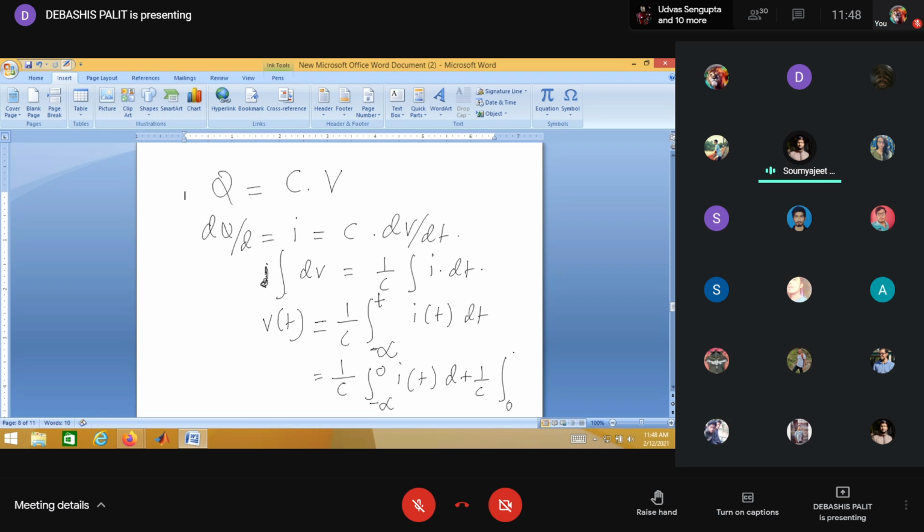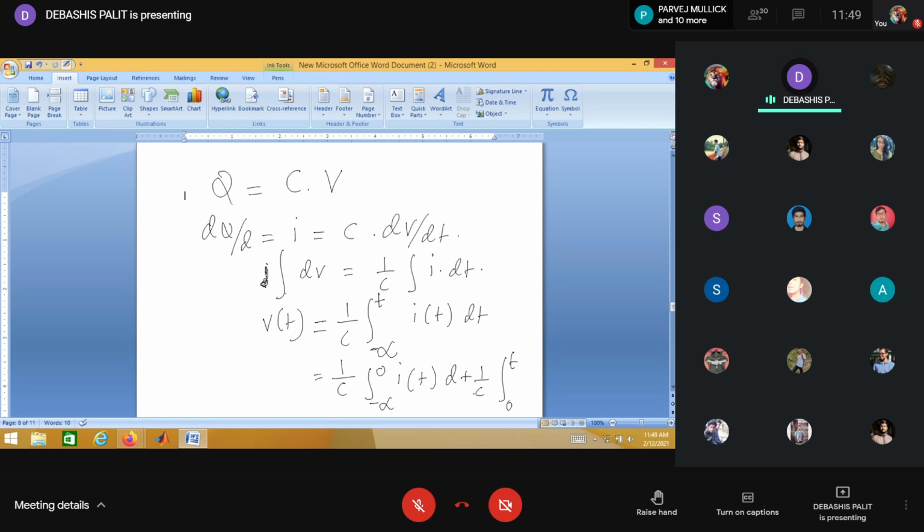So why minus infinity? Because whenever you consider some instant before your consideration time, a specific timing, that is the zero instant. Whenever you consider infinite time before, then t is equal to minus infinity.